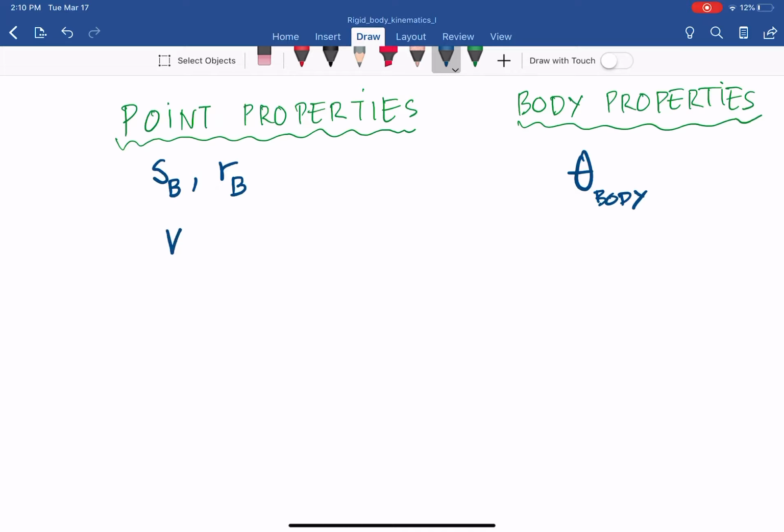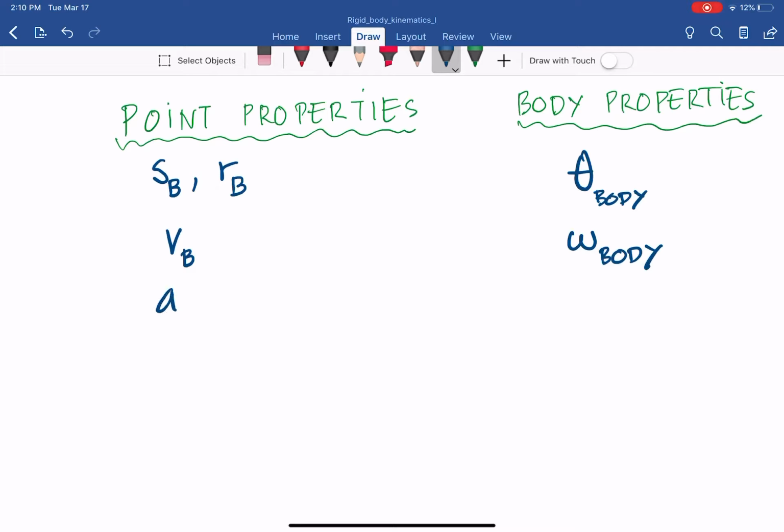If velocity B, we have to specify point B, the velocity for that point. But the omega applies to the whole body. Any point on that body has the same angular velocity, omega. Any two points on that same body, velocity is not necessarily the same, so we have to specify the point when we're talking about velocity.